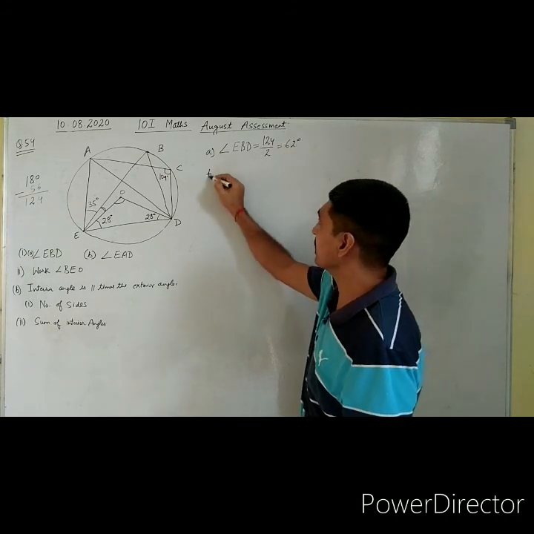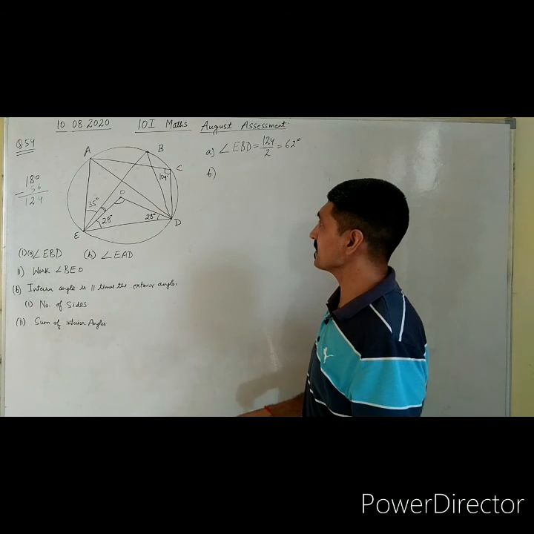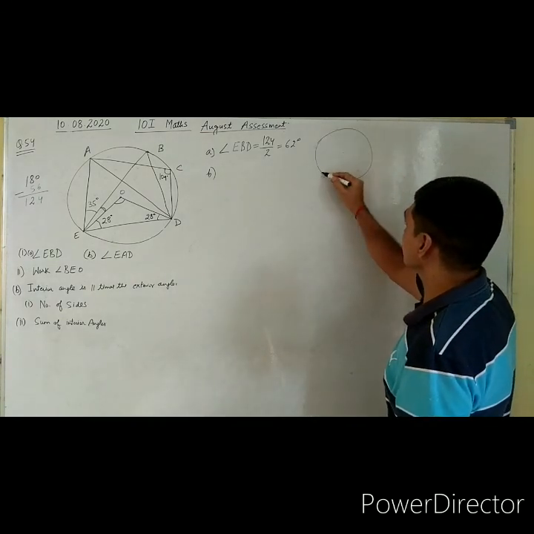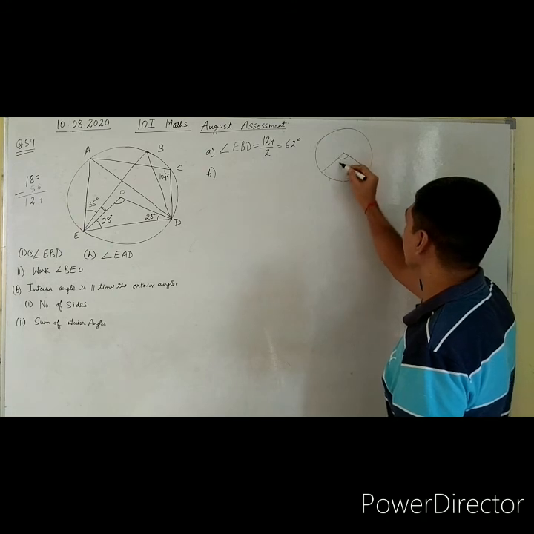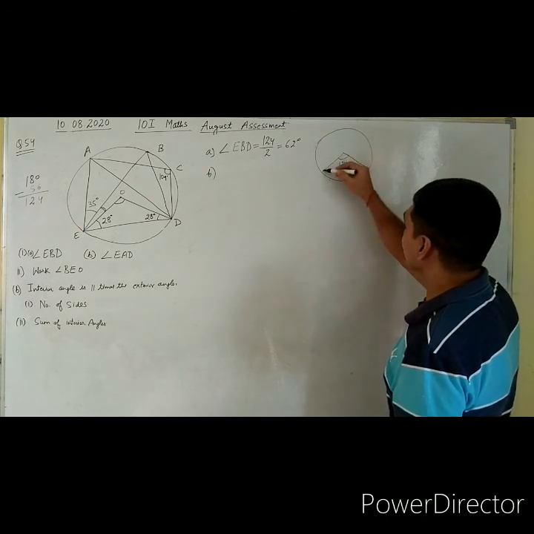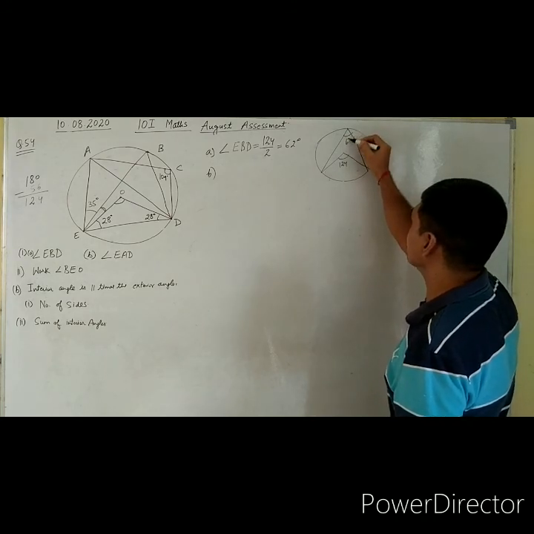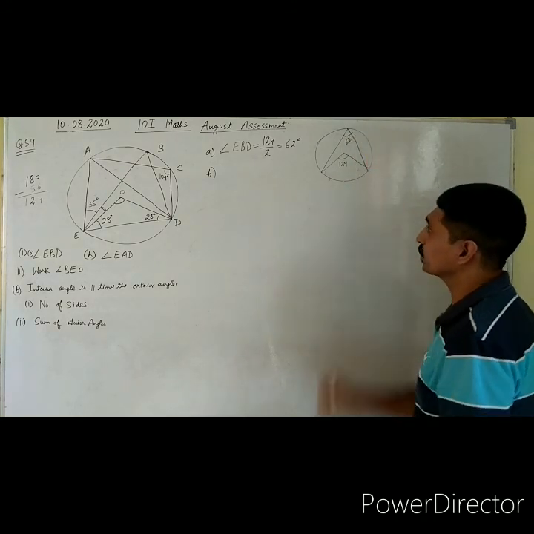Similarly, for the B part, angles in the same segment. If we have this angle at the center, that is 124, then the angle subtended at the circumference is always half of it, so it is 62 degrees.